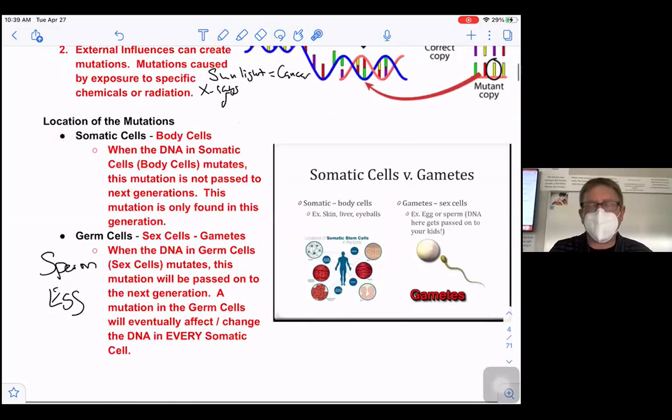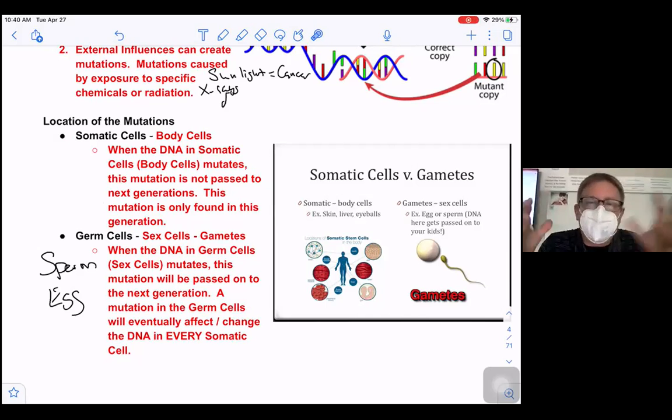Remember, there's a lot of things that go right in this process, but there are also always going to be exceptions to those rules that go right. And so when things do go wrong, especially at a germ cell level, we tend to see something a little bit more disastrous. The effects tend to be a little bit more severe. And again, they get passed on to the next generation because they're found in the germ cell line, not the somatic cell line.